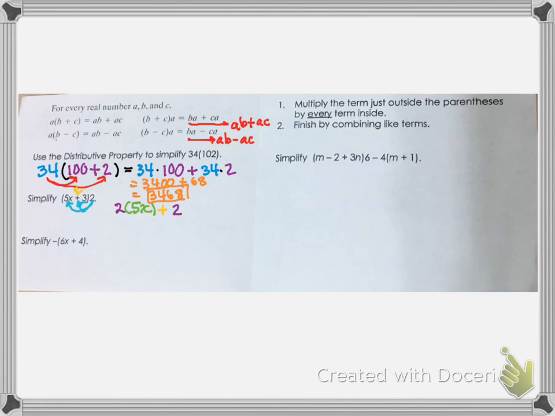Oops, sorry. So, remember, this one I couldn't have solved it any other way because I couldn't add 5x plus 3. So this is all I could do when it's algebra. So I could do 2 times 5x. Well, 2 times 5 is 10, and then I have an x. And, oh, I wrote 5x in there.